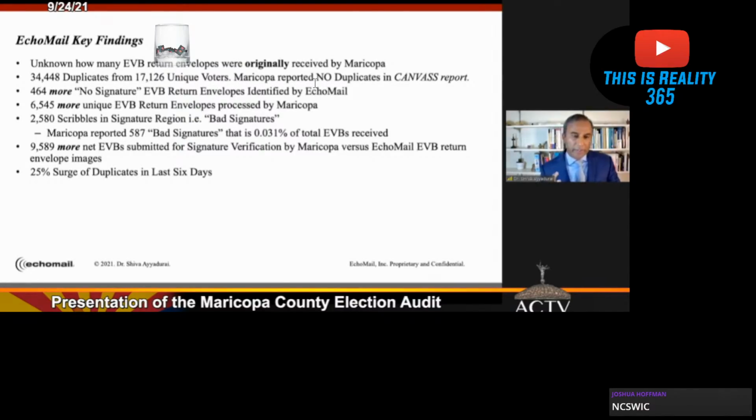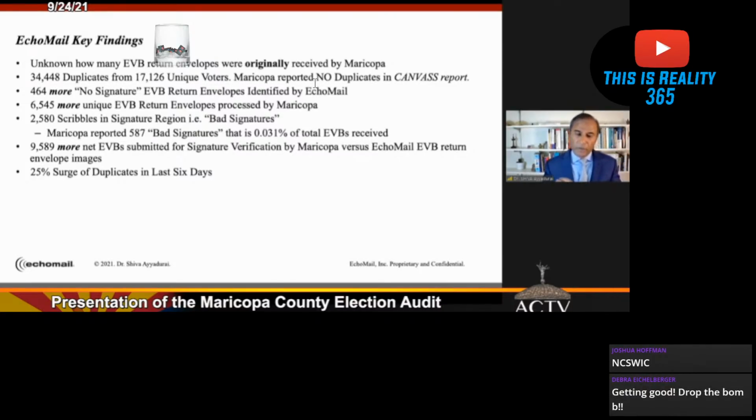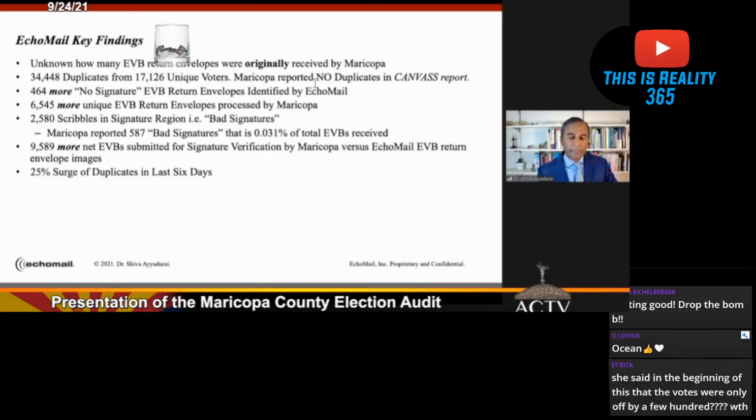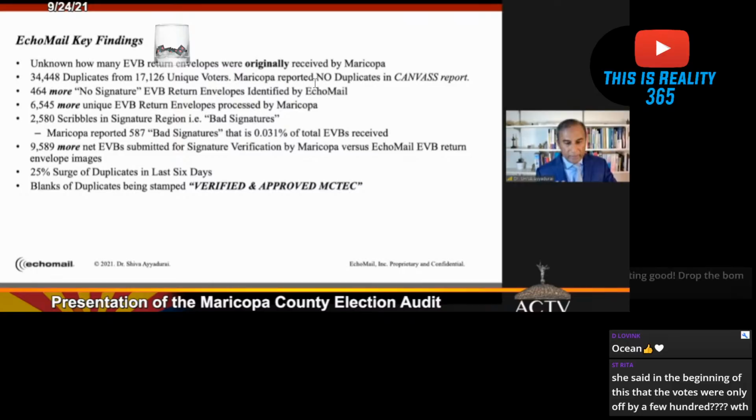And what we're also going to see shortly is that through further analysis we saw a 25% surge of duplicates in the last 6 days, between November 4th and the 9th. We also saw some very interesting other anomalies where blanks of duplicates were being stamped, verified, and approved.